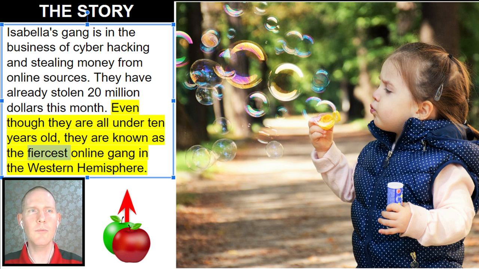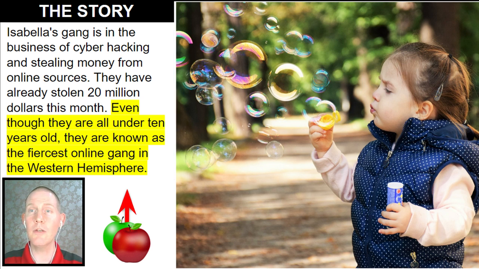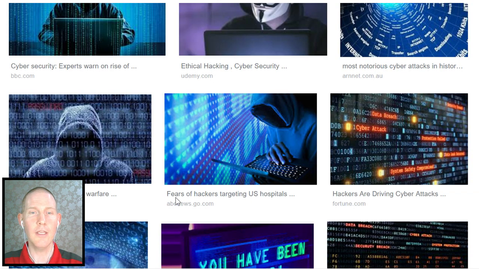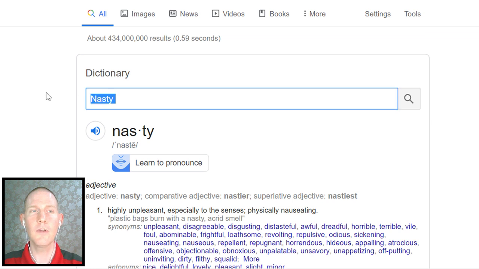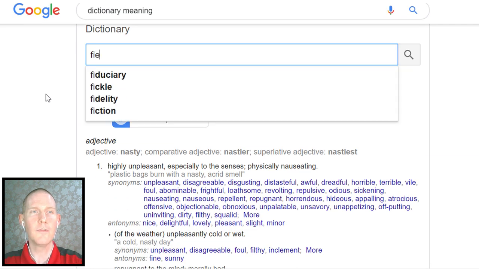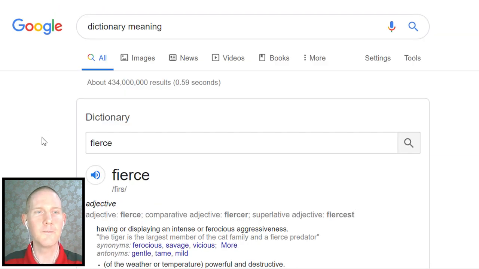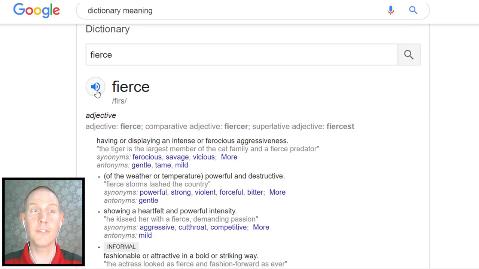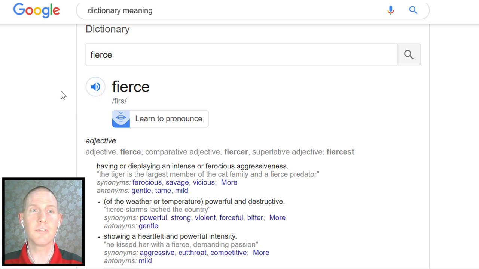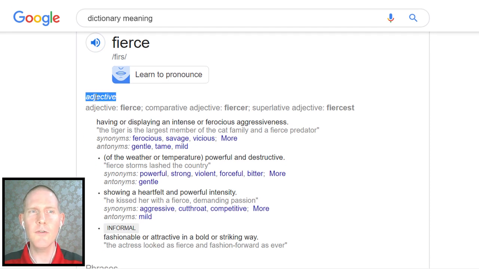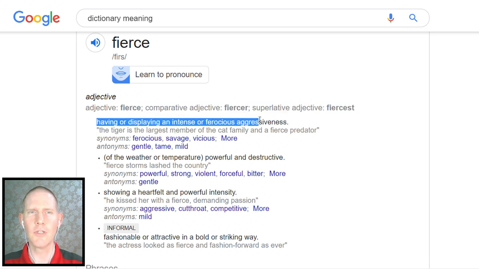Let's see, what does it mean if someone or something or a group, organization is fierce? Let's take a look. So this would be an adjective, and we're describing. All right, let's hear the pronunciation. Fierce. Fierce. Fierce. Okay. So an adjective, we're going to be describing having or displaying an intense or ferocious aggressiveness.